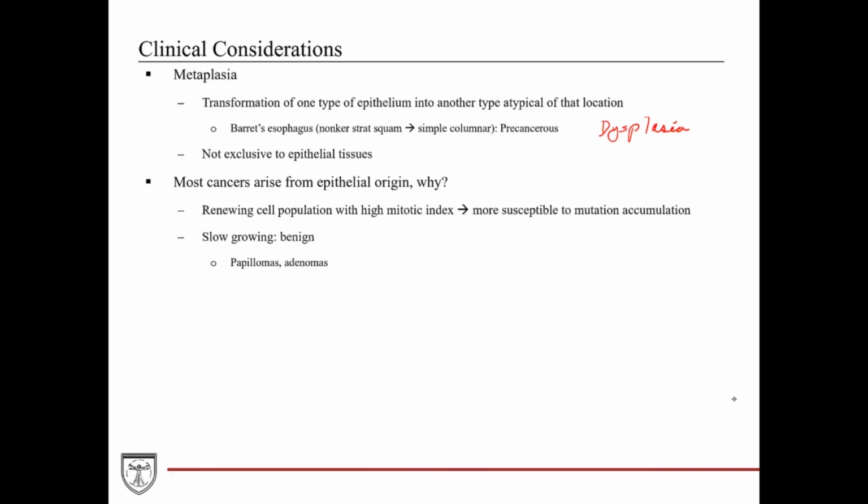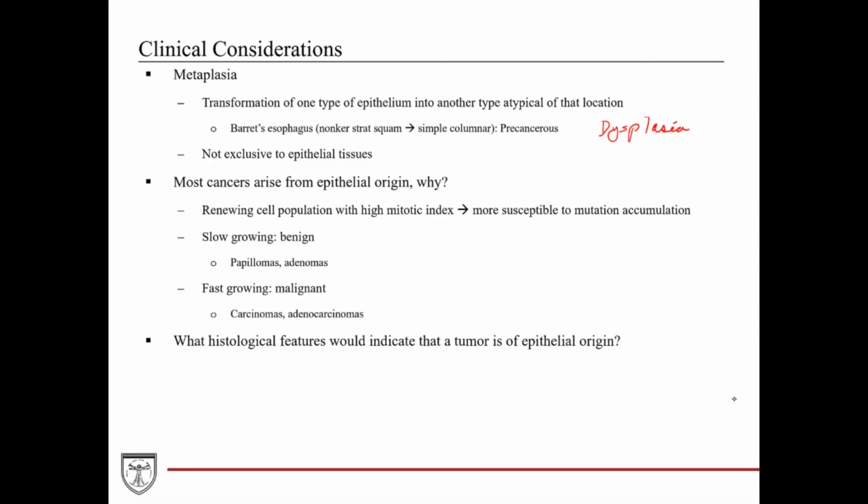And once the tumors become more fast-growing and malignant, then we call them carcinomas, or adenocarcinomas if they arise from the glandular epithelium. And for this type of malignancies, consider what histological features would indicate that a particular tumor is of epithelial origin.